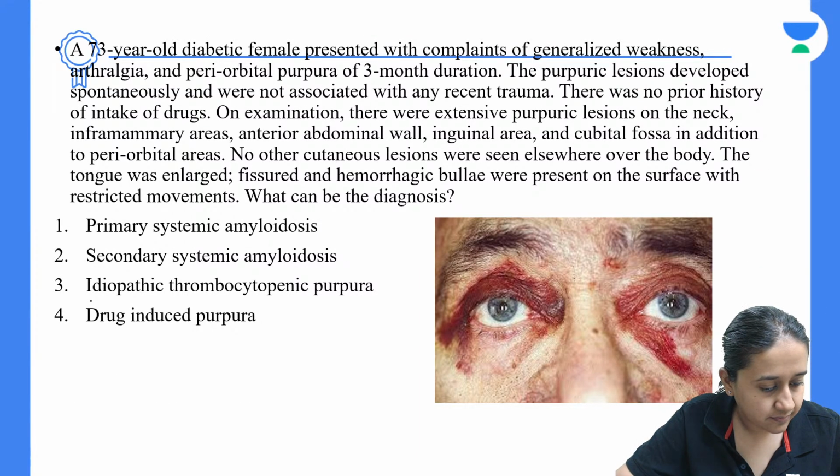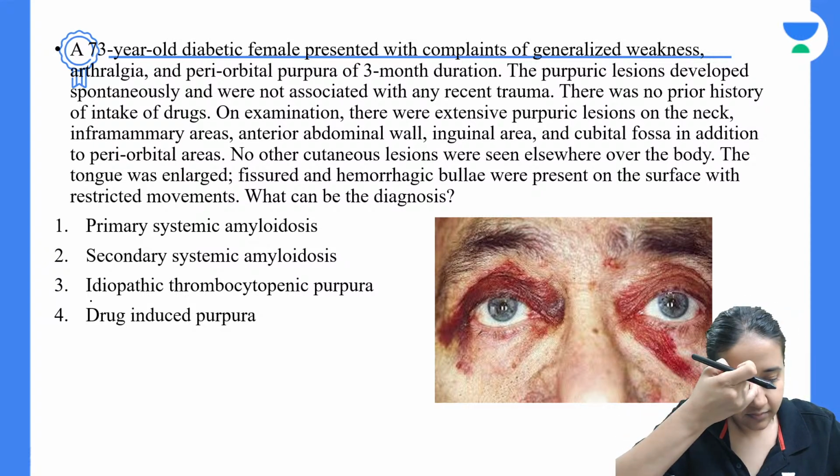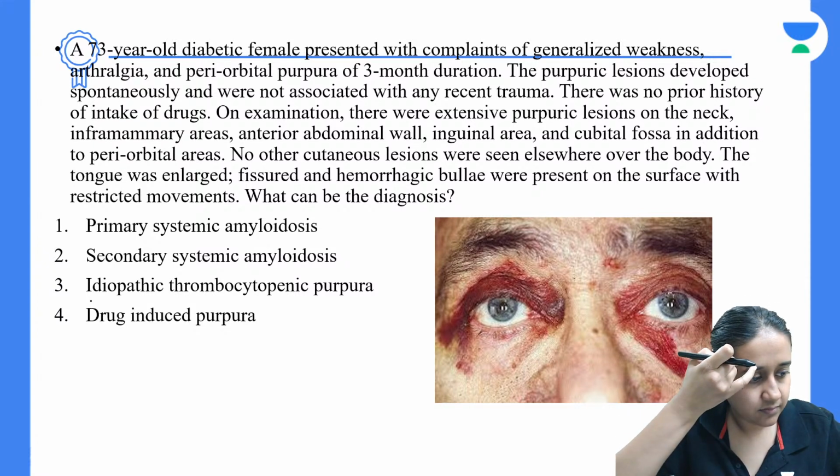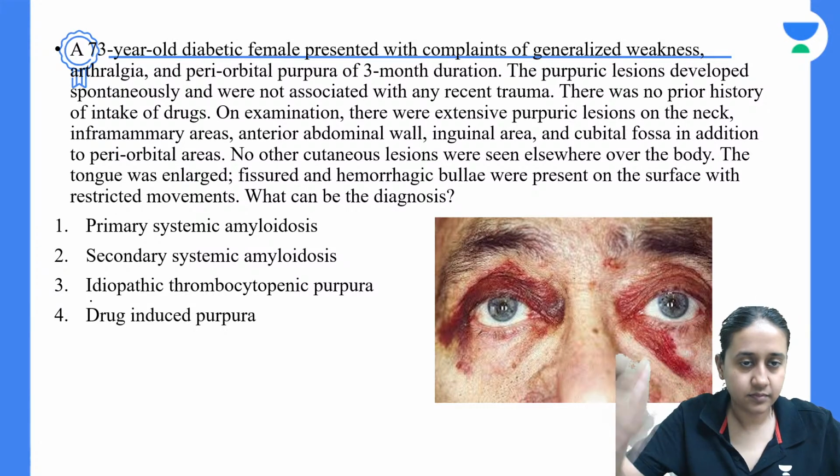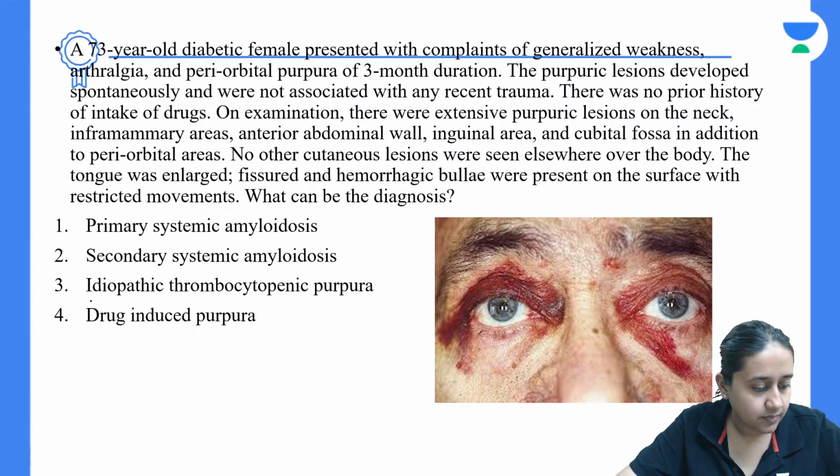Next. Anybody can tell me the answer here?